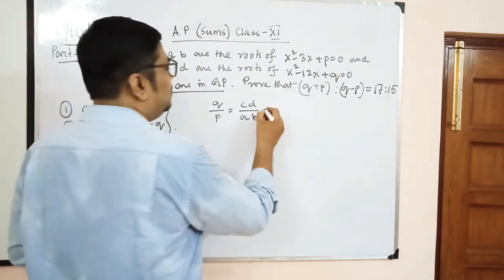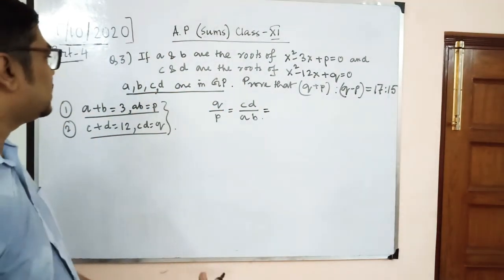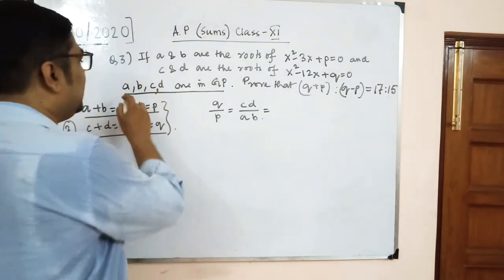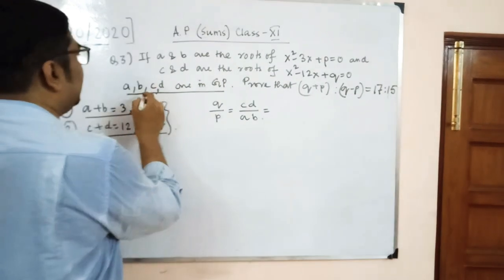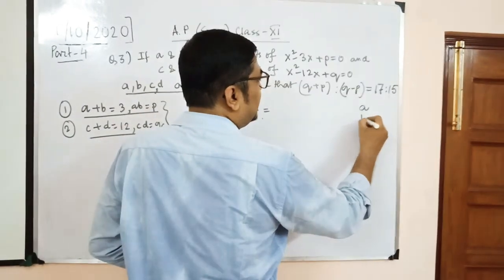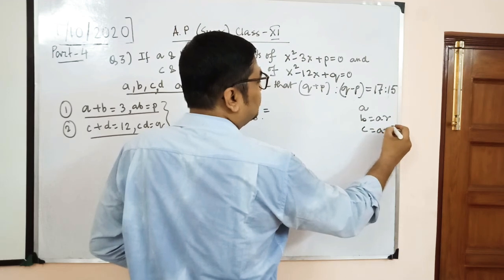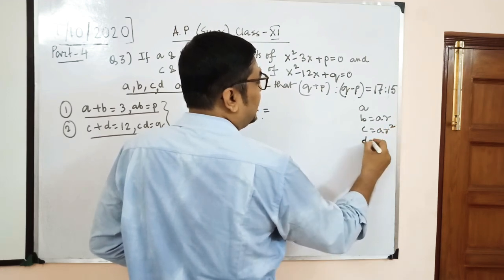If I assume this A, B, C, D in terms of A and R, that means A, AR, then AR square, like that. So I get, this is A, then B I assume as AR, C as AR square and D as AR cube.